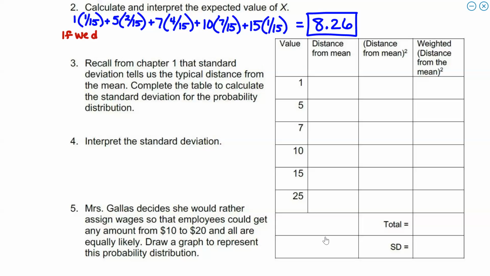If we draw many, many, many wages, the average wage is about $8.26 an hour.